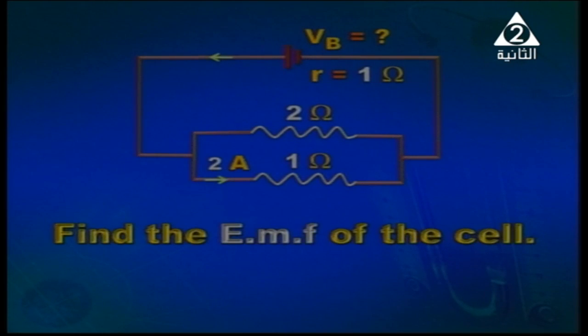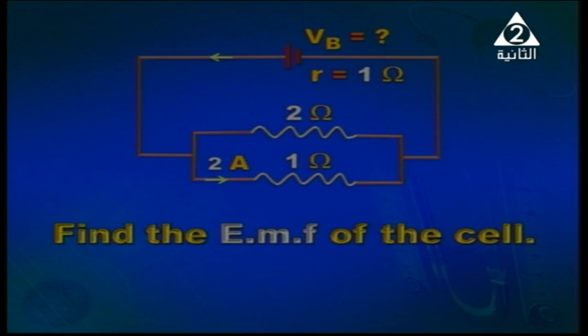We've got two resistors connected in parallel, so the potential difference across them is the same. Potential difference across the 1 ohm resistor can be calculated. It's all easy. We know the resistance is 1 ohm and the current through it is 2 amperes, so the voltage across the 1 ohm resistor is 2 volts.